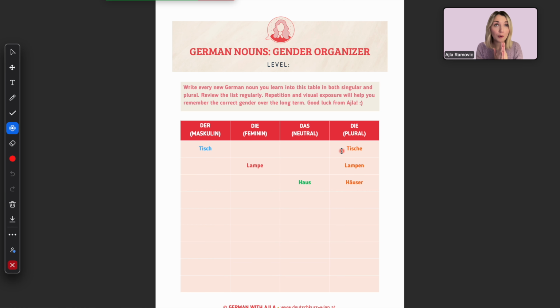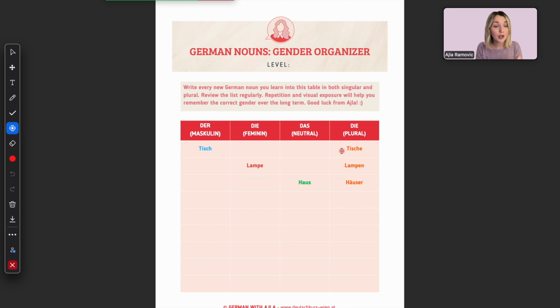And this is so important to remember. When learning a noun, you need to learn the gender, and you need to learn the plural form. In order to be able to do this, you need to have a system, and this is the perfect way of having a good working system.